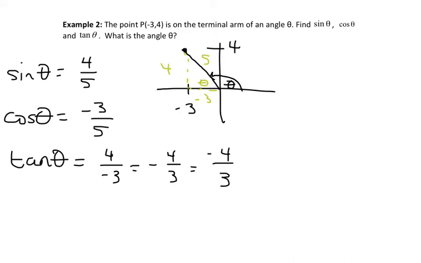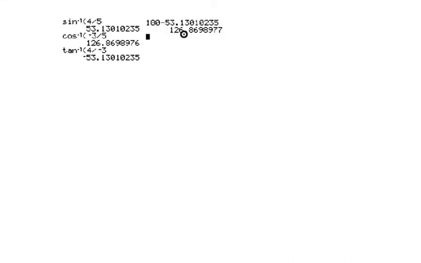Really, if I want this black one, I have to do 180 minus 53.1. So I could have done that and gotten 126. So this 53 is the green theta. So then when I'm using the sine, black theta is 180 minus the green theta.